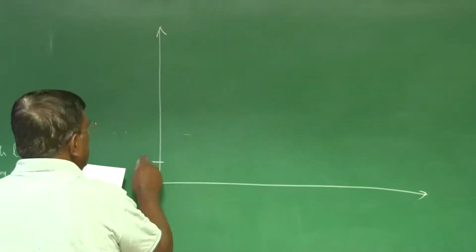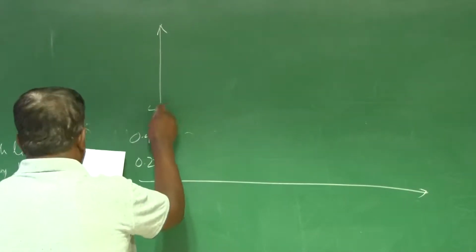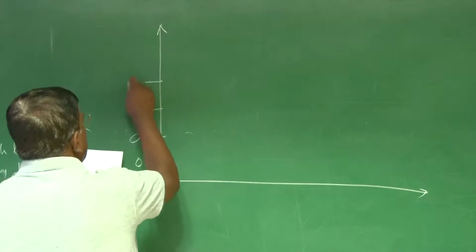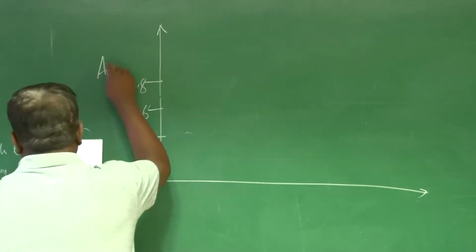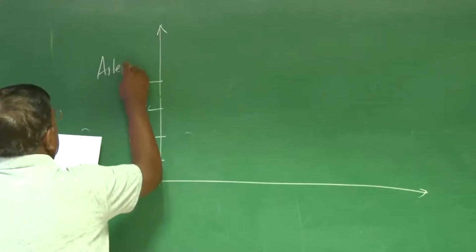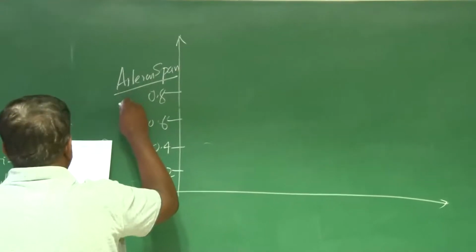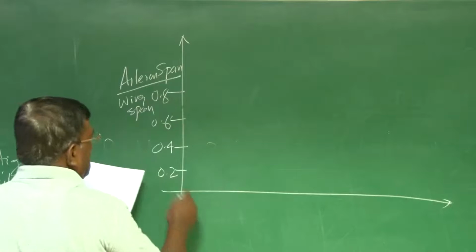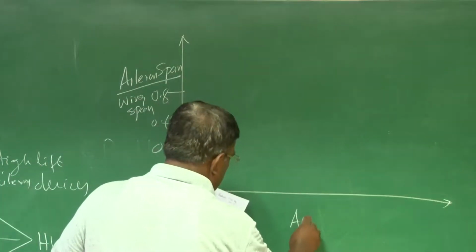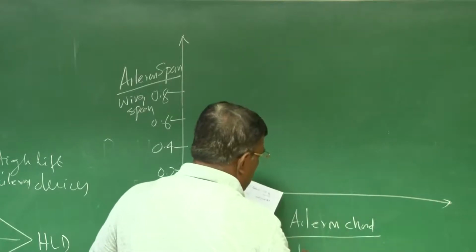So if let me draw this, 0.2, 0.4, 0.6, 0.8. This is aileron span by wingspan, and this is aileron chord by wing chord.